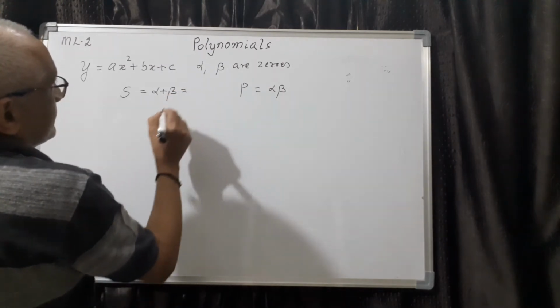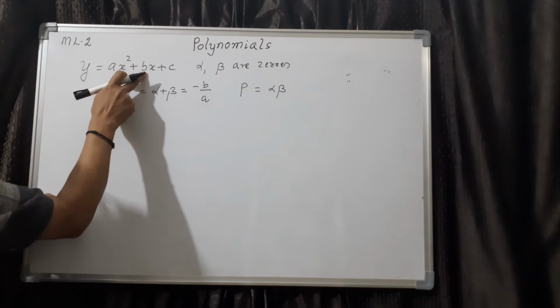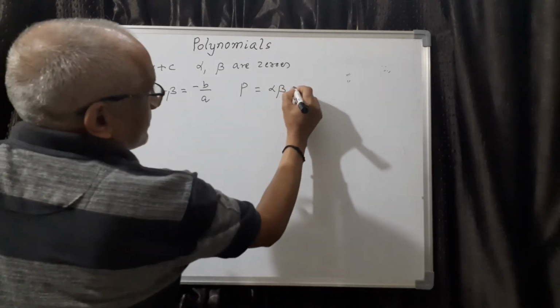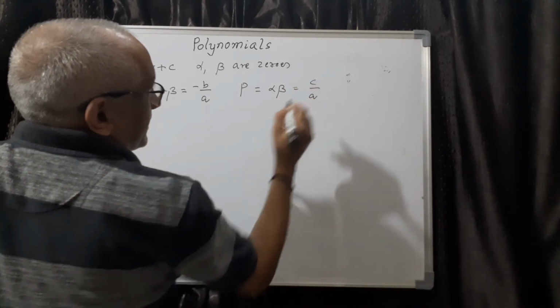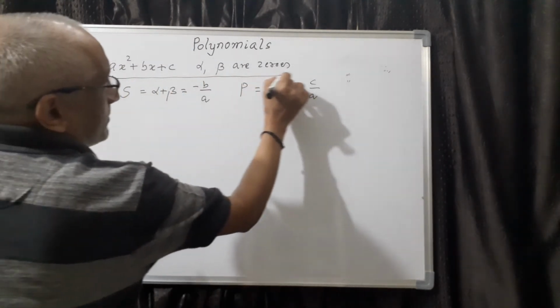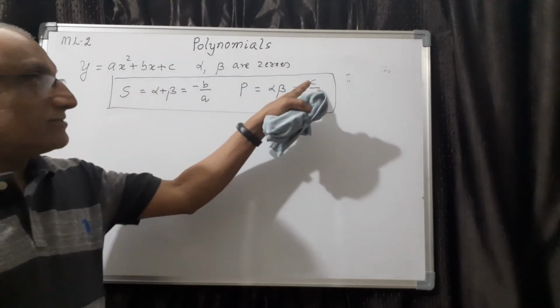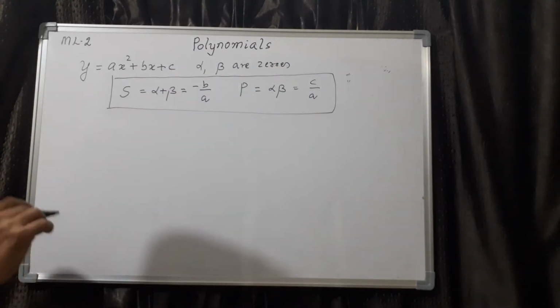This will be equal to minus b divided by a, and this will be c divided by a. So this is the relationship. So sum is equal to minus b by a, product equal to c by a. We can prove this one actually.